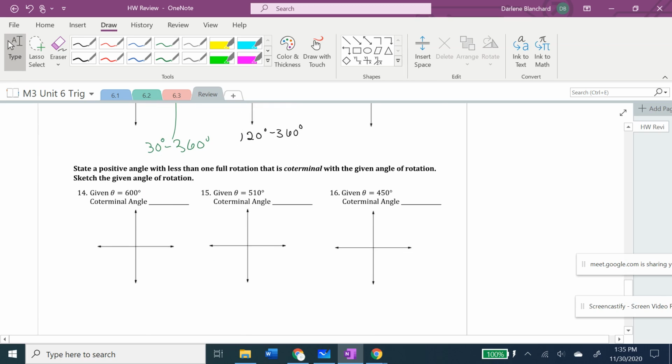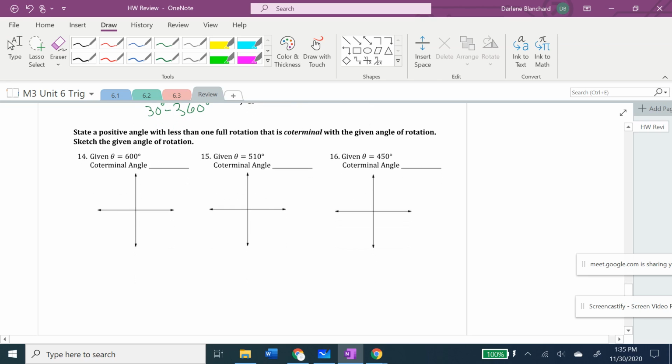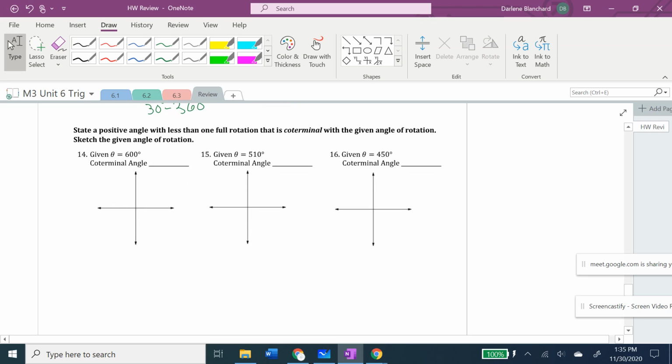For this last set, you're finding a positive angle that is less than 1 full rotation that is coterminal. And you're going to sketch the angle of rotation for what is given. So if it's greater than 360 degrees, that means that your arc has to go all the way around once and then go further.